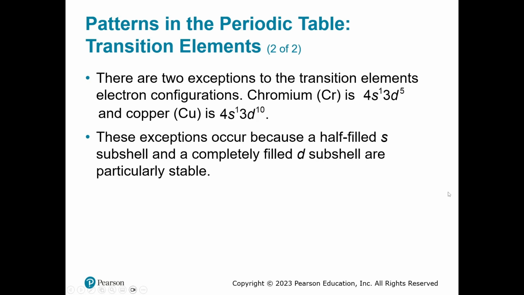So, like the last slide mentioned, the transition metals have their own trends, albeit a little bit more complicated and confusing than the main group trends. And so one exception to the general filling of electrons is that for the groups of chromium and copper, all of the elements in this row have this same trend, where they actually steal one of the electrons from the s orbital to completely half fill the 3d orbital.